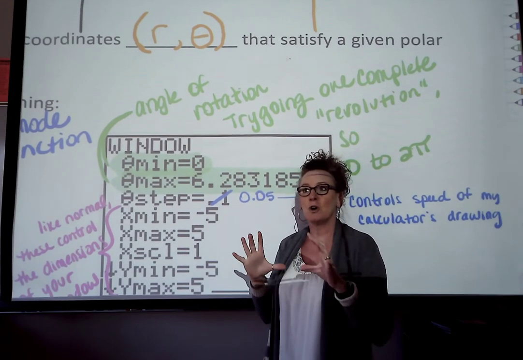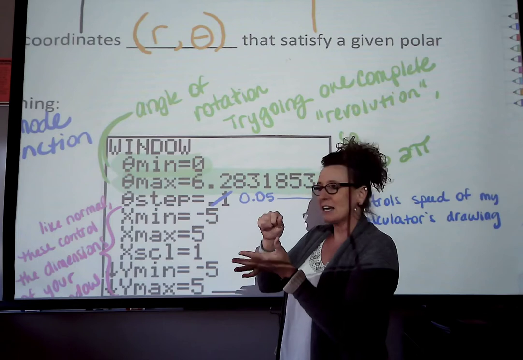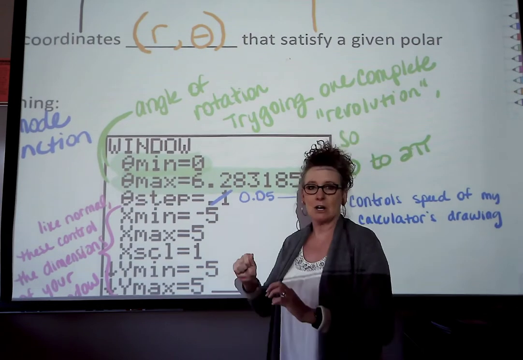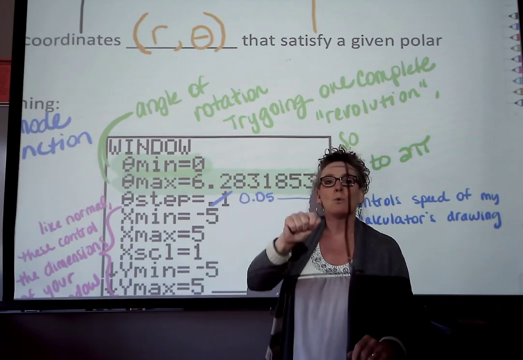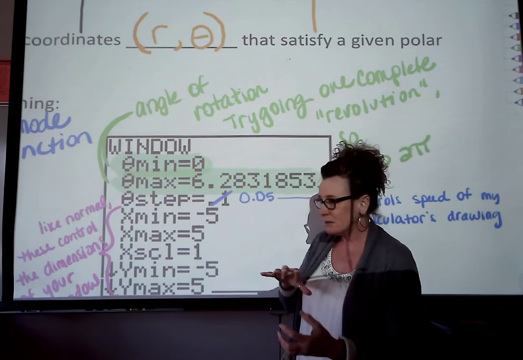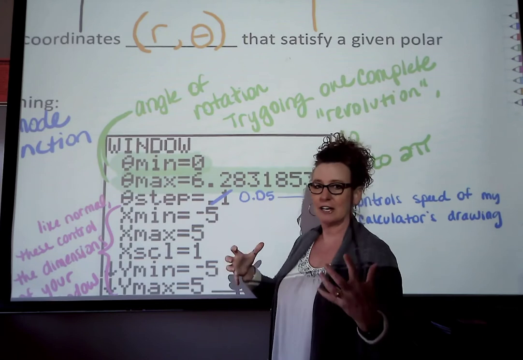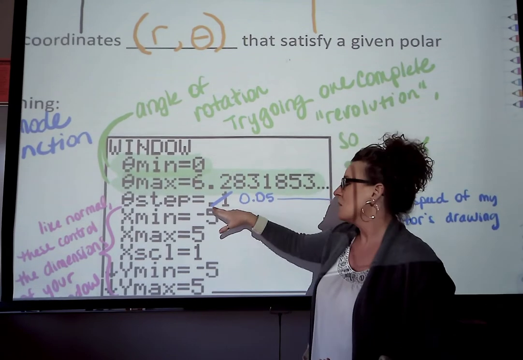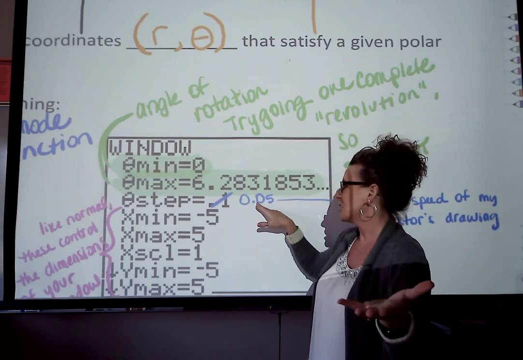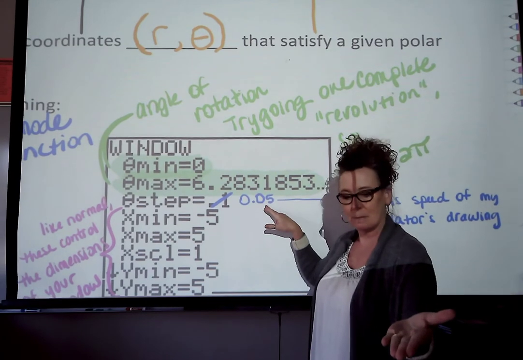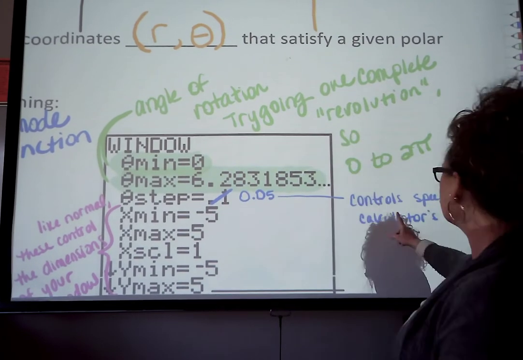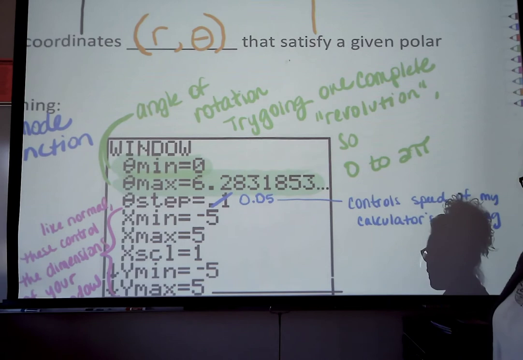It can either draw it super fast or it can draw it slowly. Well, I want you to draw it slowly. This right here controls how fast your calculator graphs the curve. So whatever it's set at, let's just change it to about 0.05. It controls the speed of my calculator's drawing.